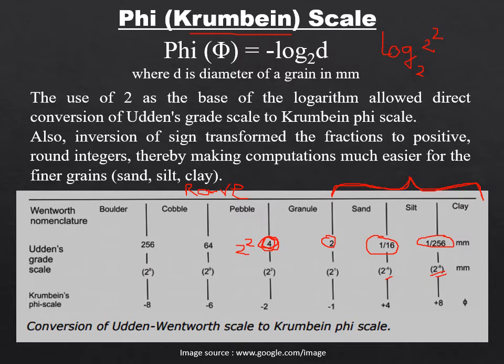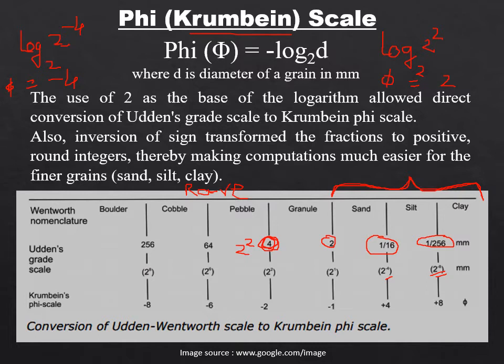So if we take the log of 2 to the power minus 4 with base 2, then on the phi scale we get the value minus 4.